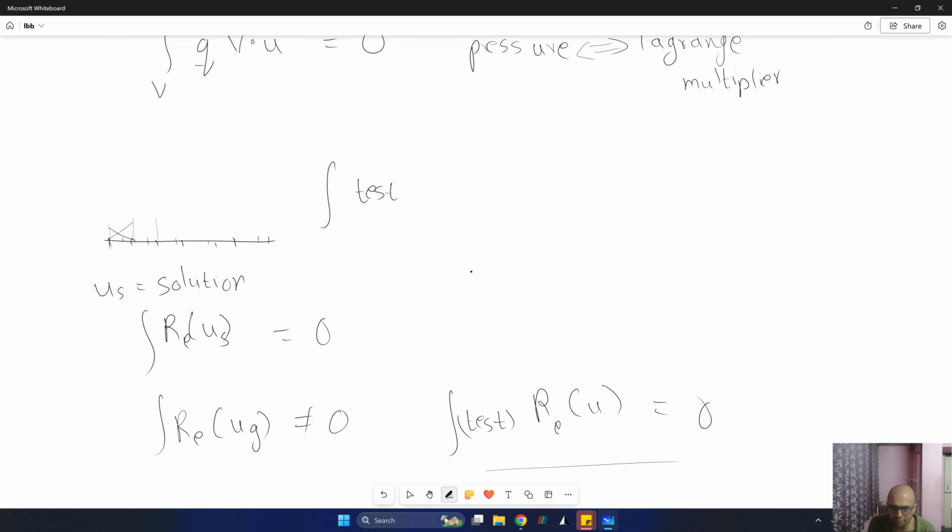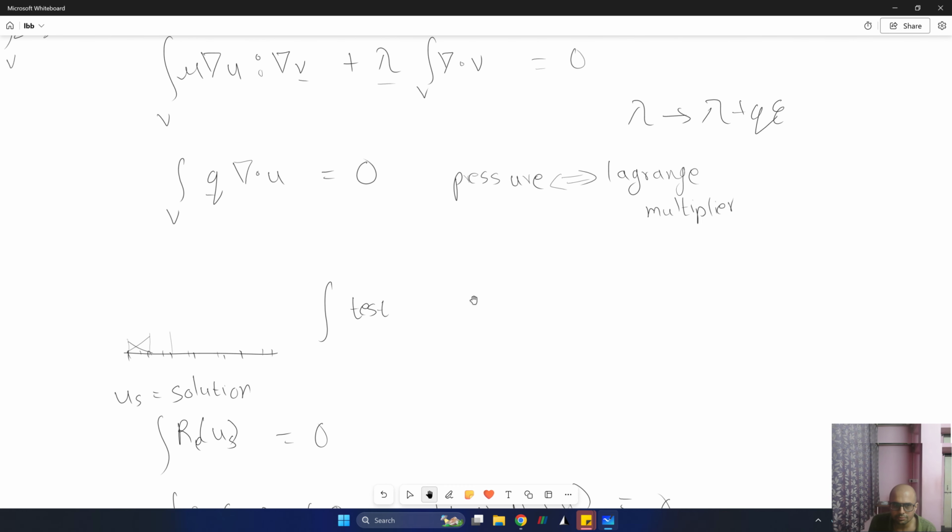If you look at what the test function is doing, it is perturbing your residual, and you're driving that to 0. This is very similar to what's happening here, because you have Q here, which is perturbing your Lagrange multiplier, and V, which is perturbing your velocity. And you also have lambda in place of P.